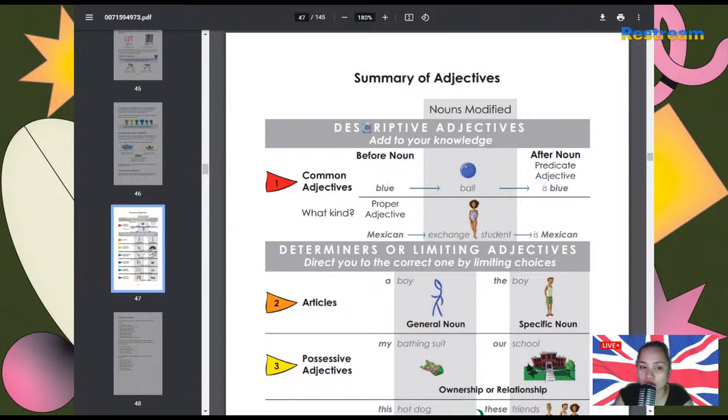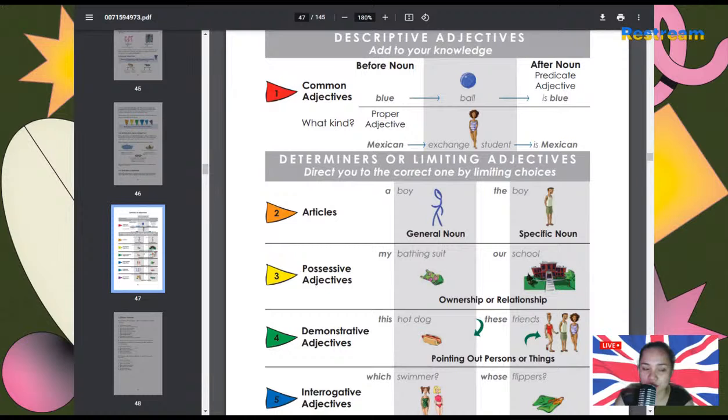The adjectives that we use here are the common adjectives that we use every day. Next, after that, are the determiners or limiting adjectives, which direct you to the correct one by limiting choices. We use some articles here, like a, an, and the.